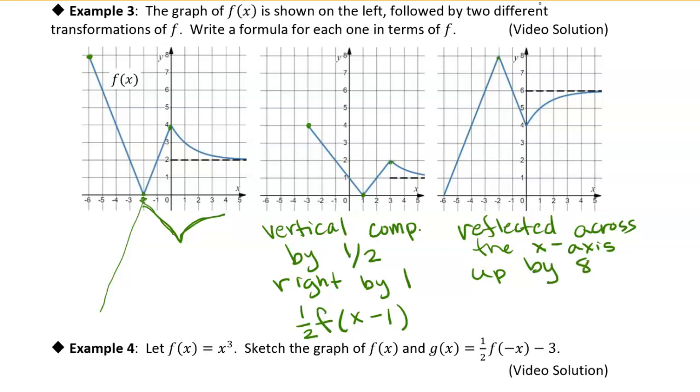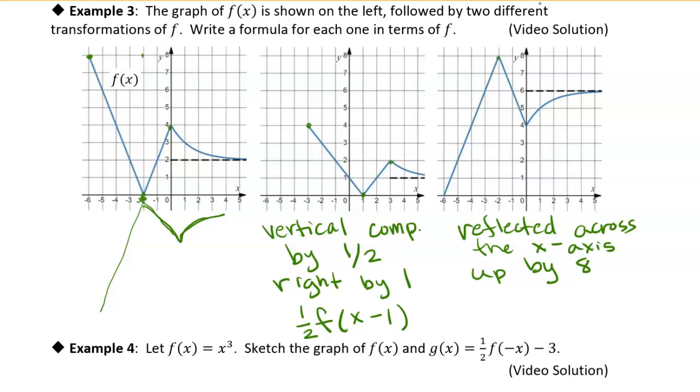This is a very rough sketch of what the reflection would look like. So you can focus in on this point of -2, 0. It ends up here at -2, 8. So it's being shifted up by 8.